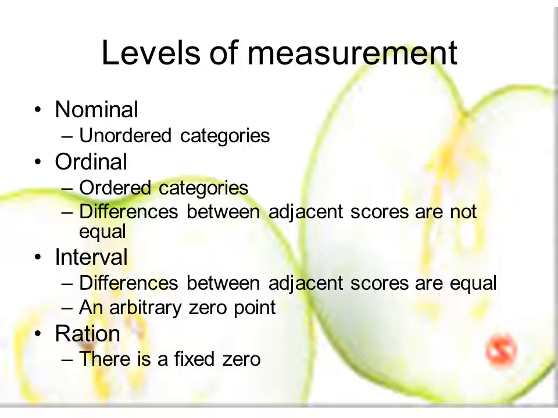The next area is interval. And the problem with interval, once again, this is, like I said, continuous. And when we look at interval, we can determine basically a rank.